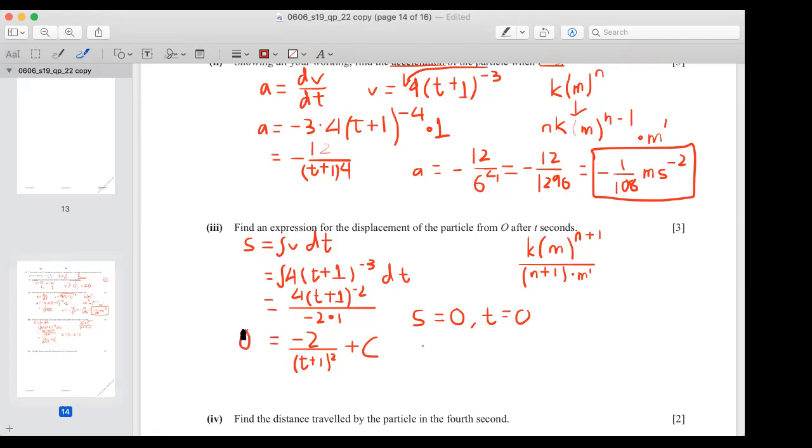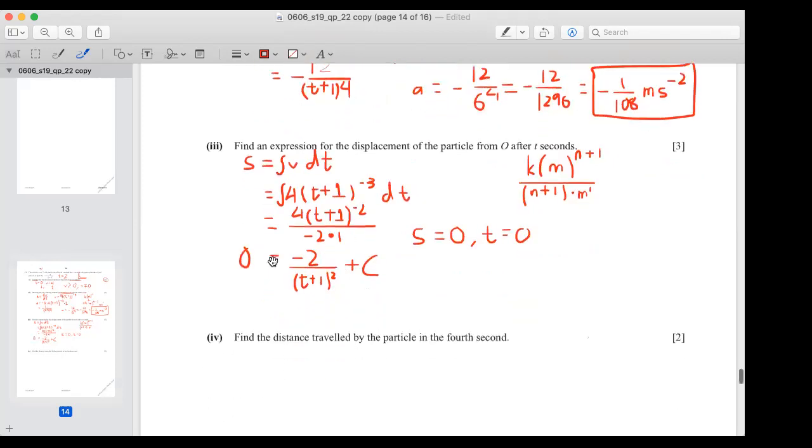I'm just going to use this equation because I don't want to rewrite it, and I'm running out of space. So 0 equals negative 2 over (0 plus 1) squared, which is 1, so negative 2, plus c. When you move negative 2 to the other side, it becomes 2. So c equals 2.